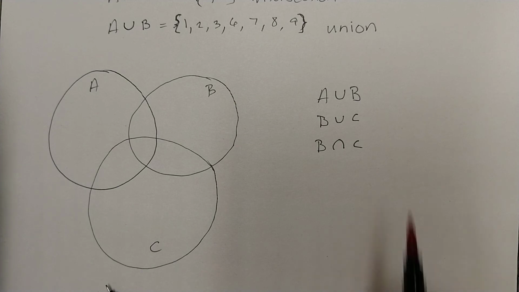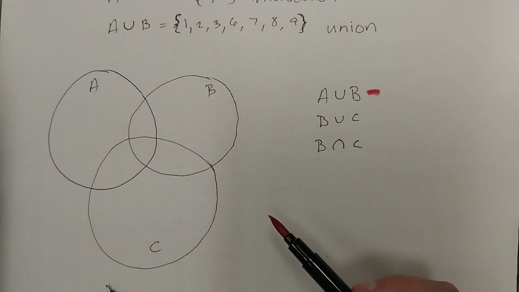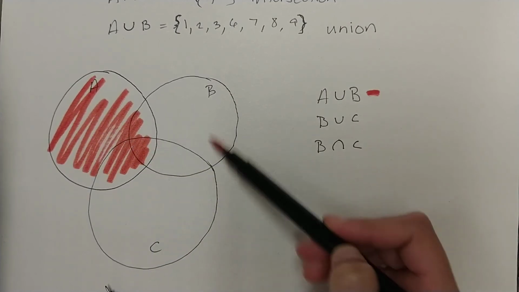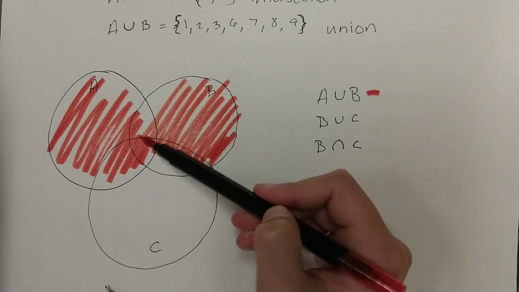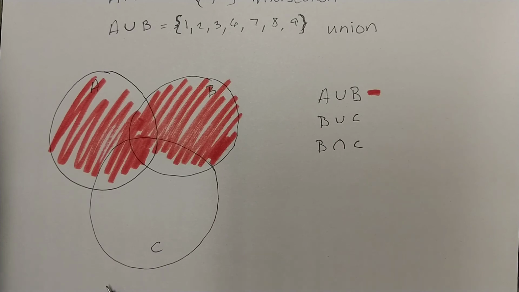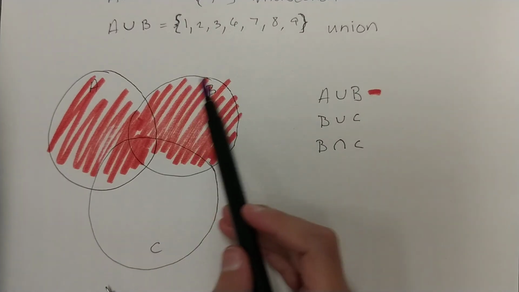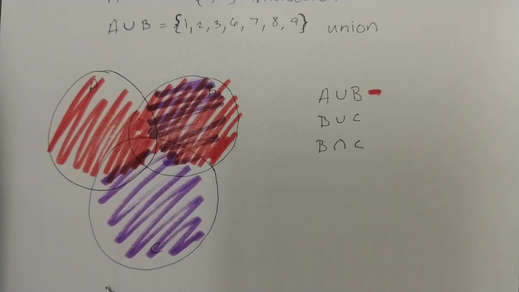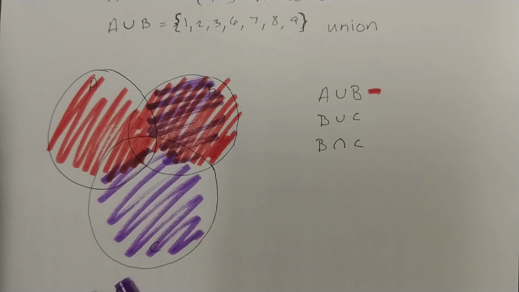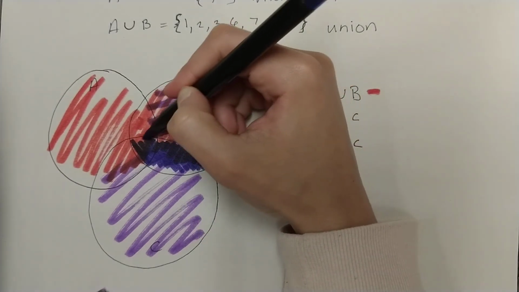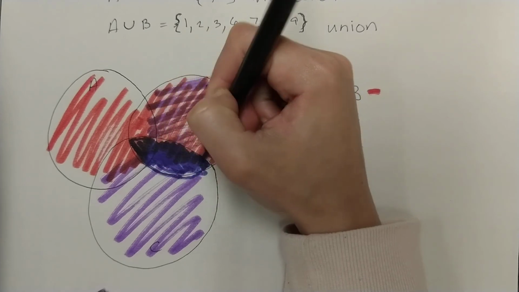Let's do this. Let's say this is going to be red. The union of A and B is going to be all of this, all of A plus all of B. All right, the union of B and C is going to be all of B and all of C. All right, now the intersection of B and C is going to be just the values that are in both B and C. So it's going to be just this section right here.